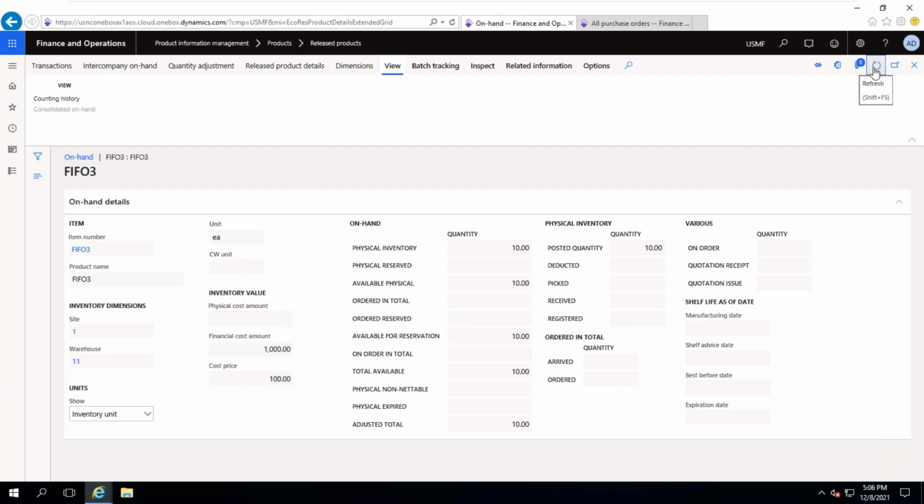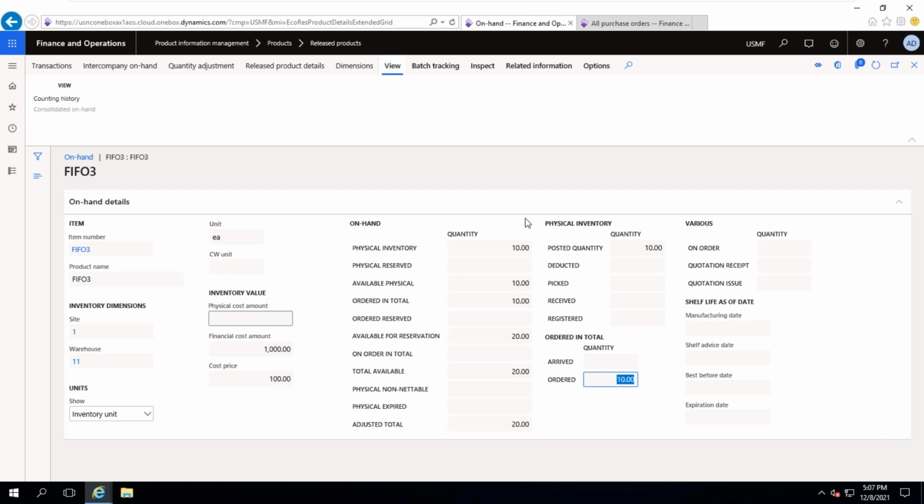Let me refresh. So ordered in total is updated. Physical inventory 10, available physical also 10, ordered in total 10, total available for reservation 20. Okay, physically it is only 10 quantity. Physical stock 10 quantity. So here also it will show you ordered 10.